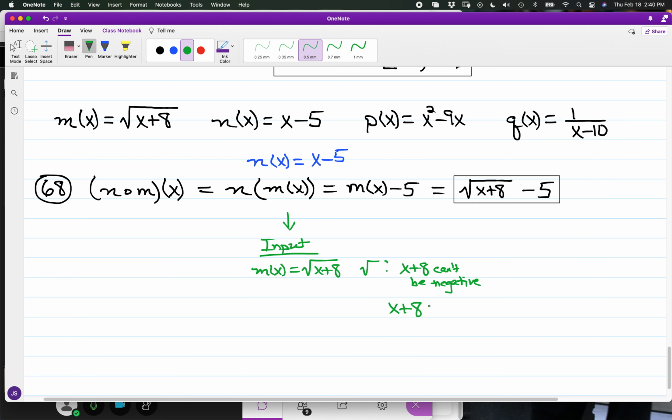It can be 0 and it can be positive. So we have x is greater than or equal to negative 8.